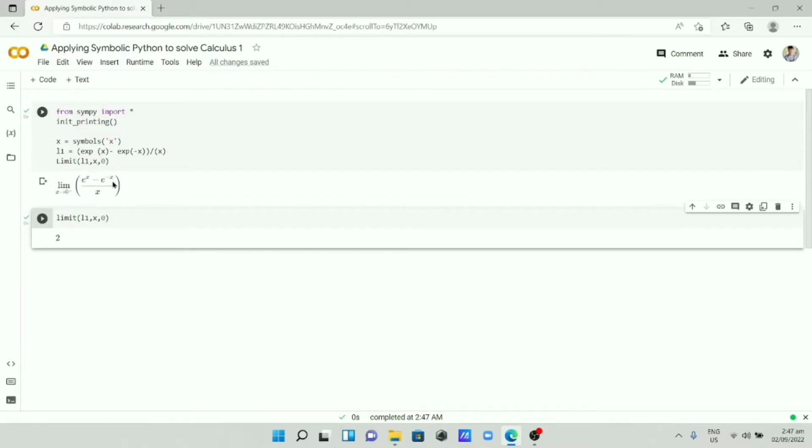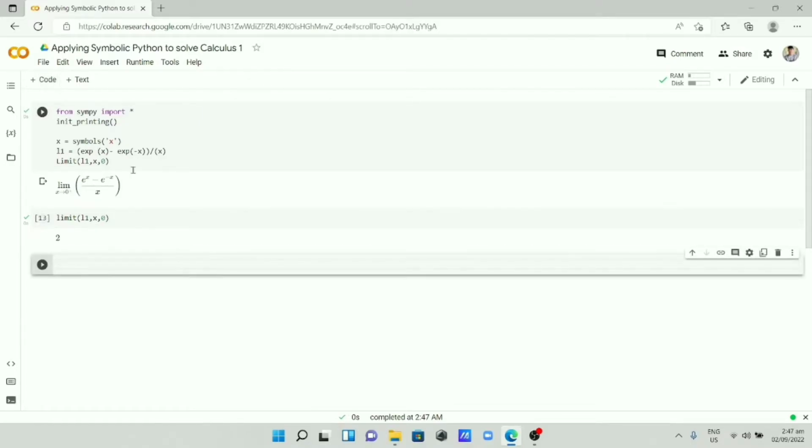And in this problem also, we have used L'Hopital's rule. For more information, L'Hopital's rule is used to evaluate limits that result in indeterminate forms.